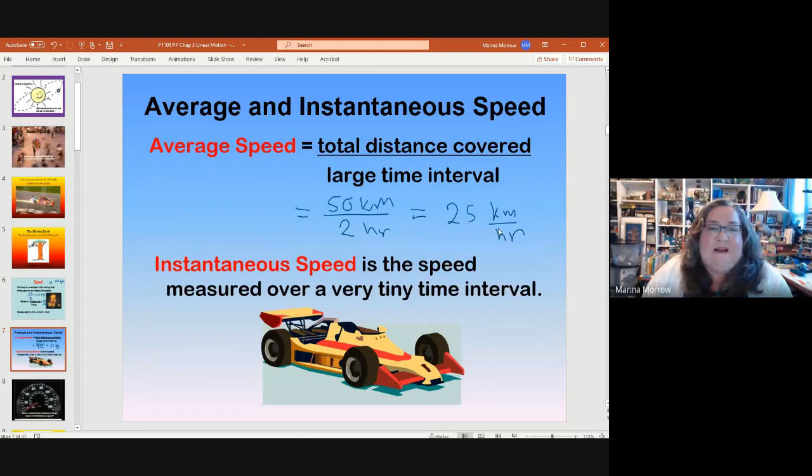But usually we're not going to be using large distances like this so much. In physics, we're often studying what's happening in the instant. Instantaneous speed is the speed measured over a very tiny time interval, so it might be 1/10 of a second.